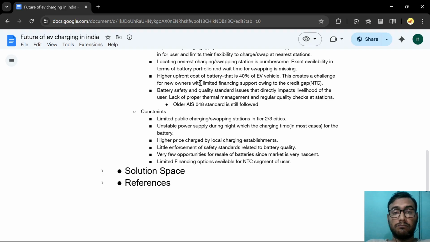So there are many companies that provide leasing or financing of the vehicle without the battery, so they own the battery. Once you utilize the battery, you can return it to the owner. So you are not the owner; the battery is on lease. So the total cost of the vehicle is reduced.